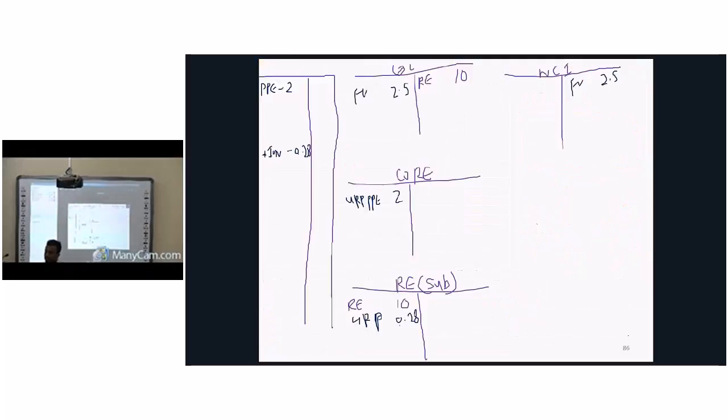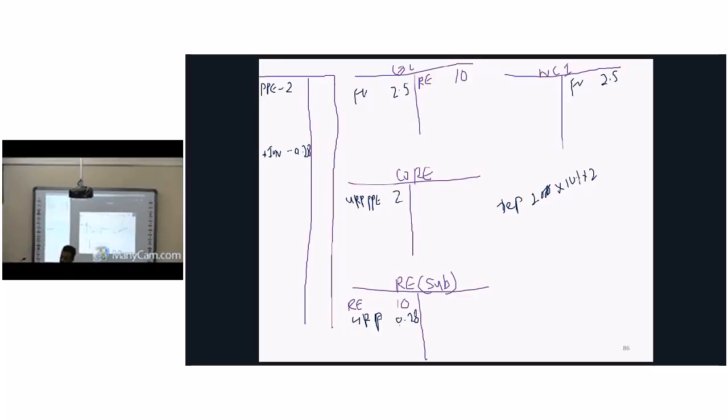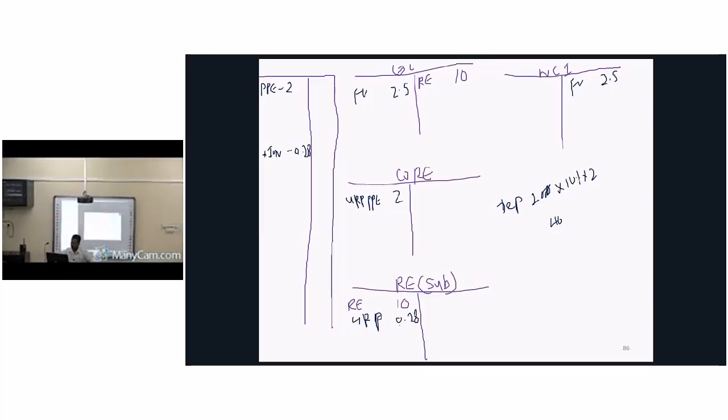Then depreciation 2000 into 10% for 2 years is 400. It means 0.4. Buyer, who is the buyer?